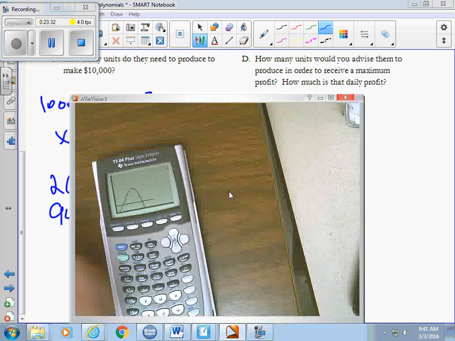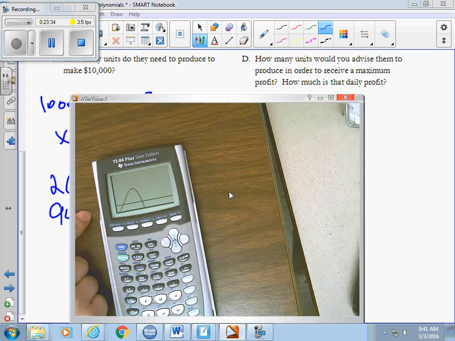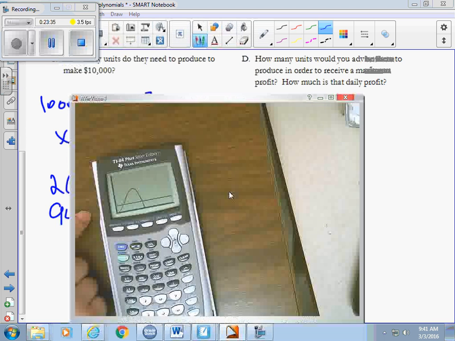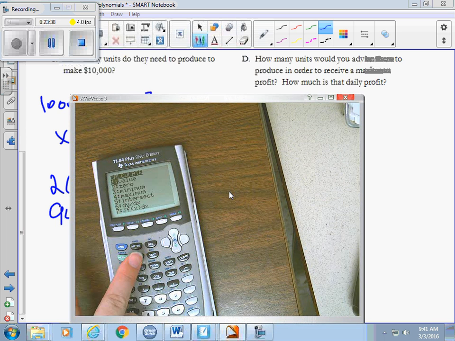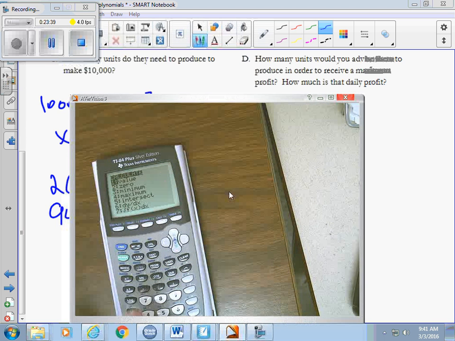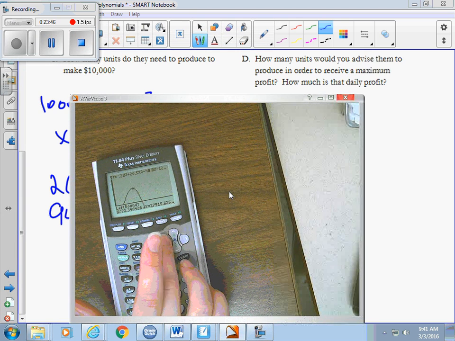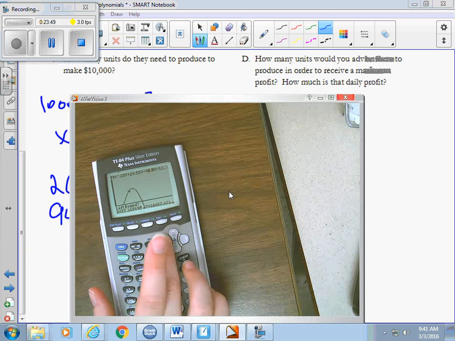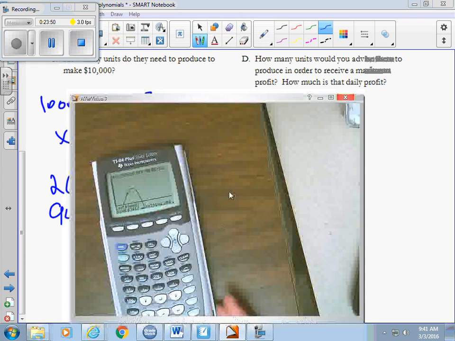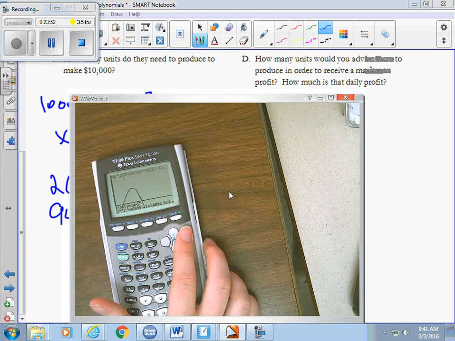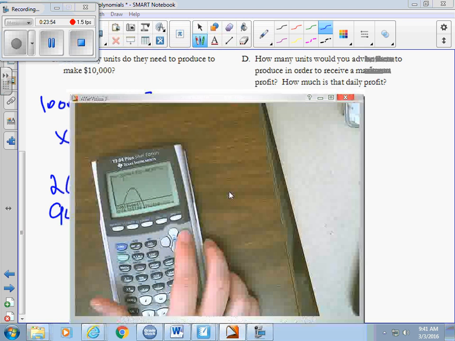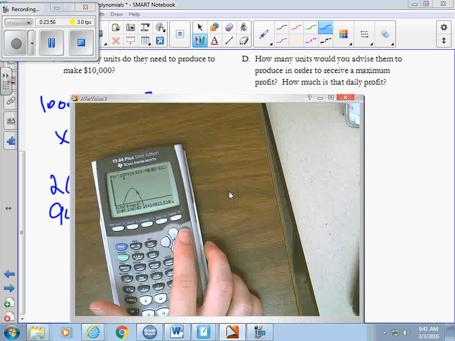And I'm going to go to, how do I find top points? Maximum. Second trace, number 4. I go put my cursor on the maximum. And then I move to the left of it and push enter. And then I go back to the maximum and then go to the right of it and push enter.